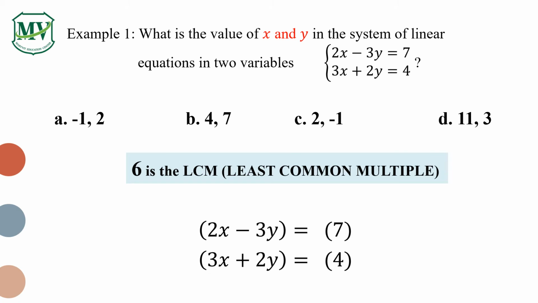In equation number 1, the coefficient of y is negative 3. What number can we multiply to negative 3 to make it negative 6? We can multiply it by positive 2.